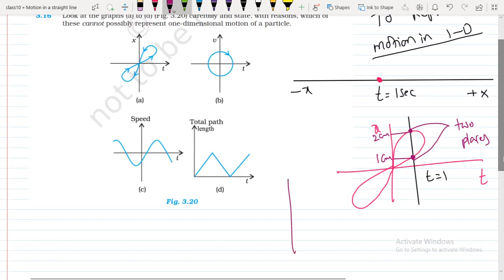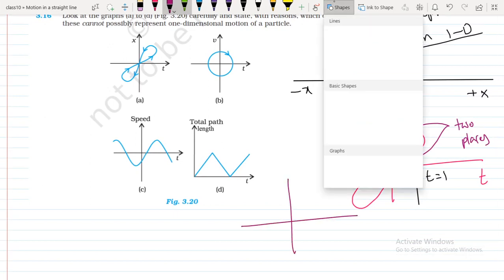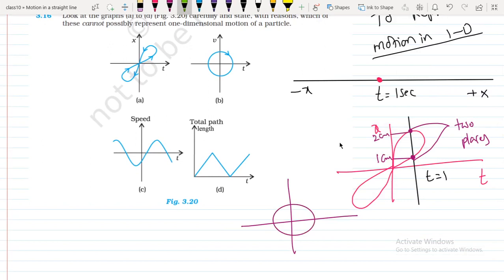Velocity versus time is given as a circle. On a coordinate axis a circle is given. Now this is also similar. At a given time the object is at one location, and it also has velocity at one particular point.